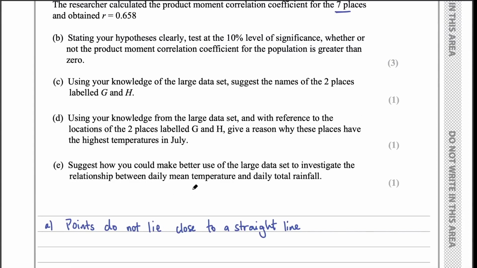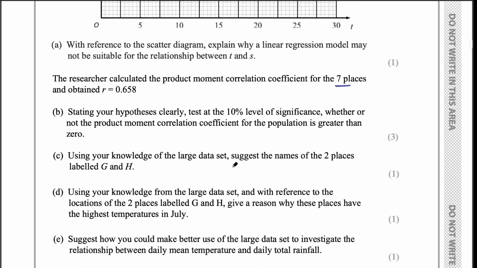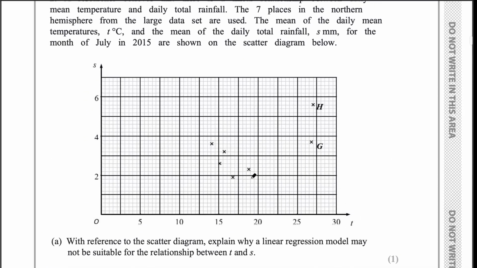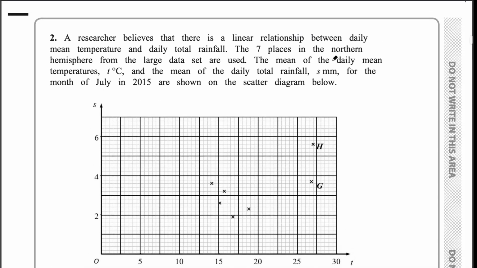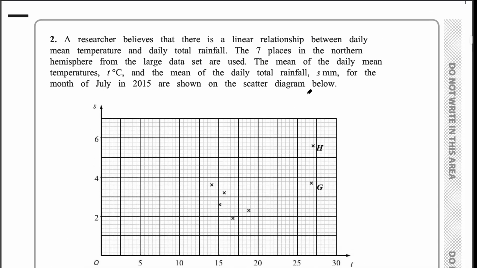Part E says, suggest how you could make better use of the large data set to investigate the relationship between daily mean temperature and daily total rainfall. If we look at this scatter plot, we notice that Beijing and Jacksonville are not very helpful data points. We've applied the same logic. We've taken the mean of the temperature and the mean of the rainfall, but they're not really helping us show any trend. In fact, we might eliminate those as outliers.